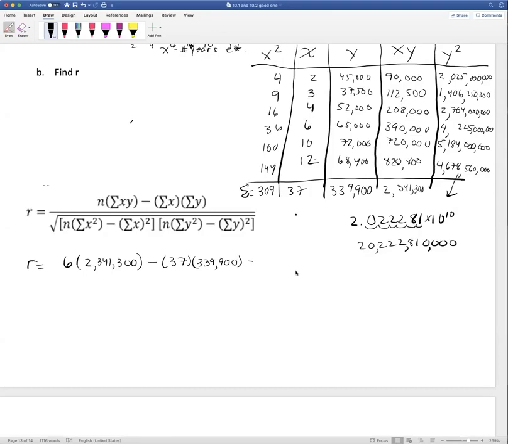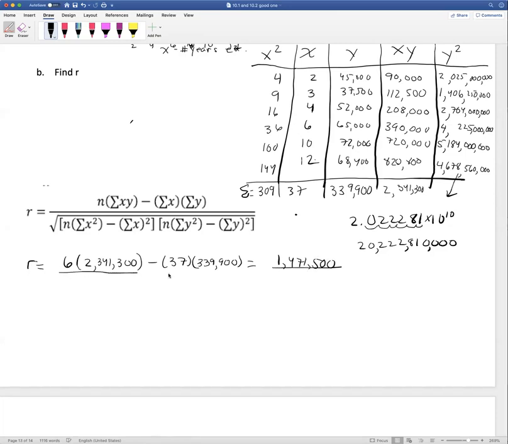So this is the numerator for our correlation coefficient. Let's figure out what we get. I'm going to type this right into my calculator. 6 times 2,341,300 minus 37 times 339,900, and we get 1,471,500.